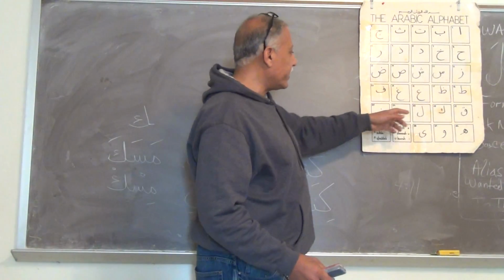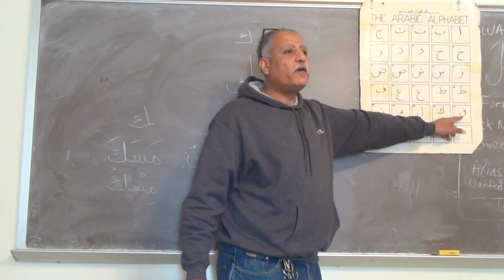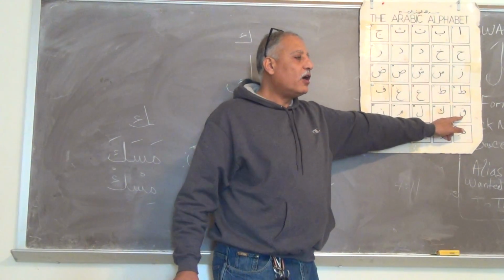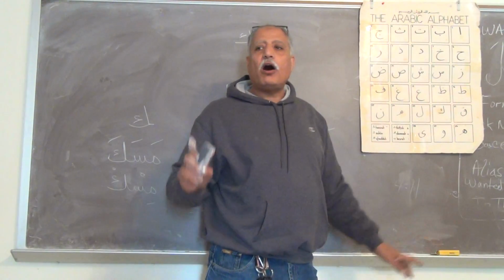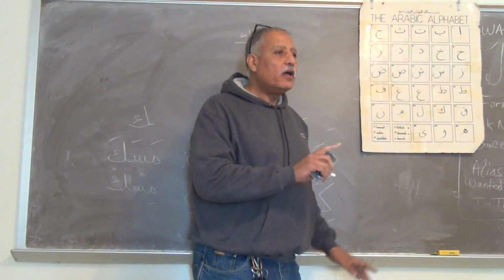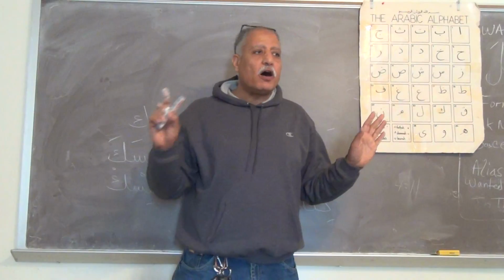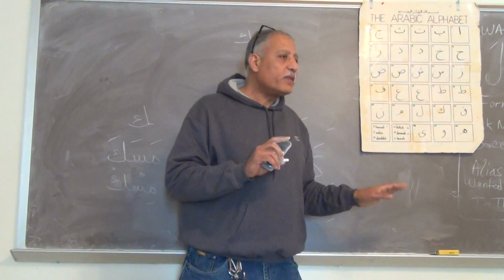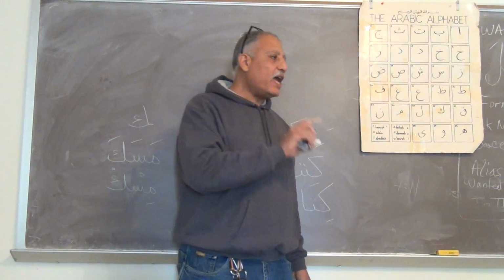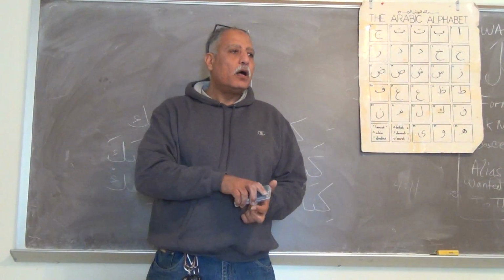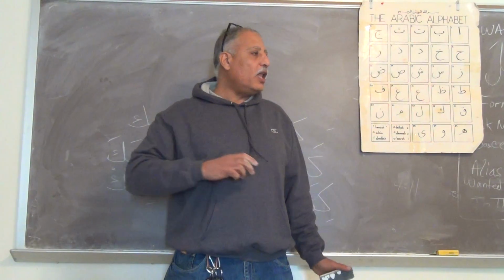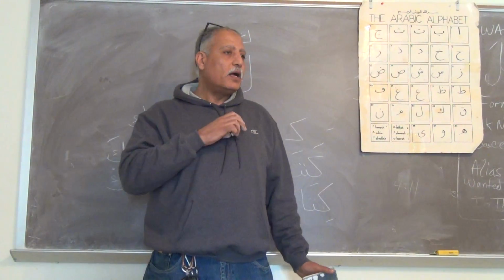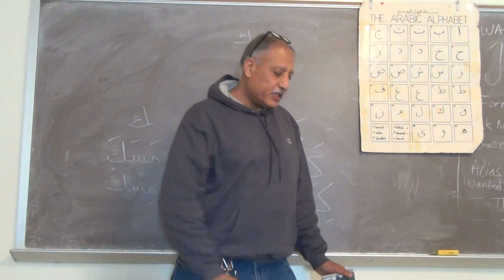So what's this letter already called? حرف القاف. قاف, كاف: completely different, two different letters. قلب is heart; كلب is a dog.